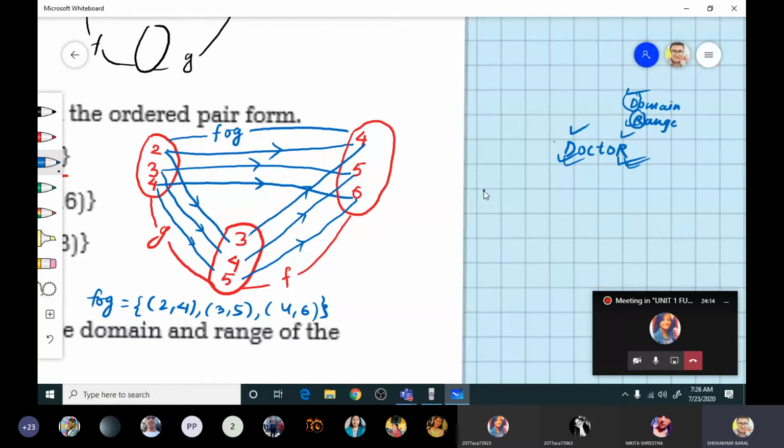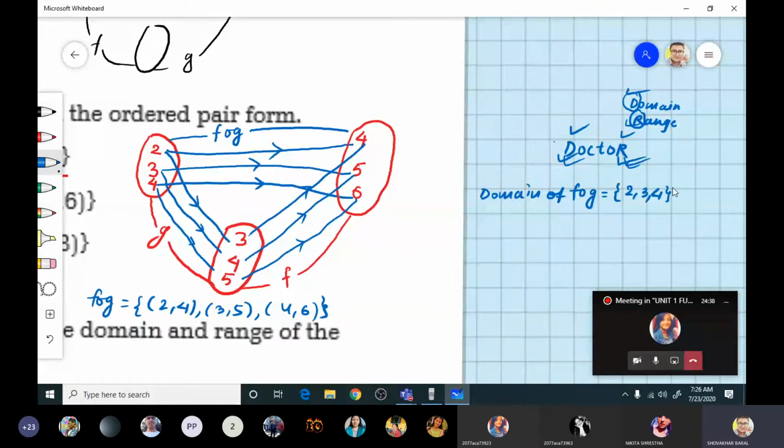I can write here, domain of F composite G is equal to the elements in the first set: 2, 3, and 4.